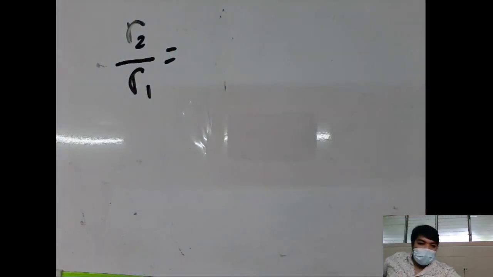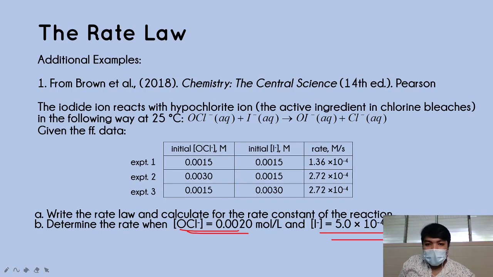So if you remember, I'll show it again. For experiment 1, the rate was 1.36 times 10 to the negative 4. And for experiment 2, it's 2.72 times 10 to the negative 4.